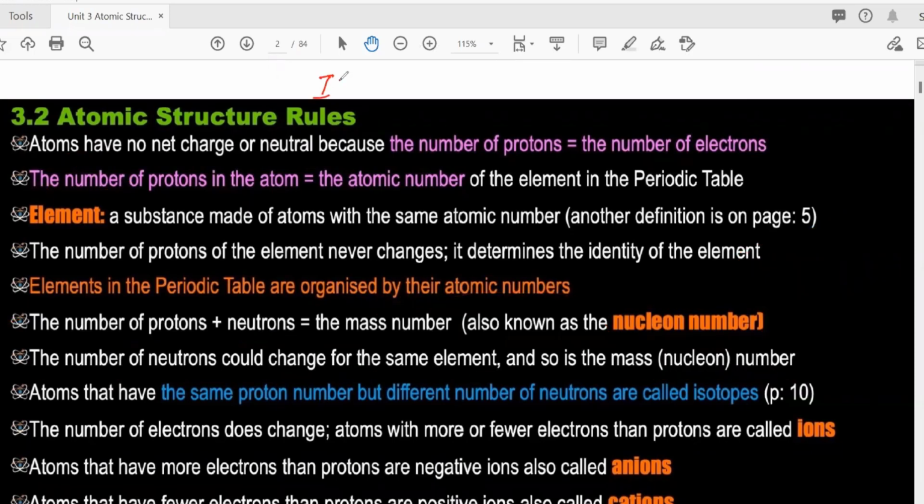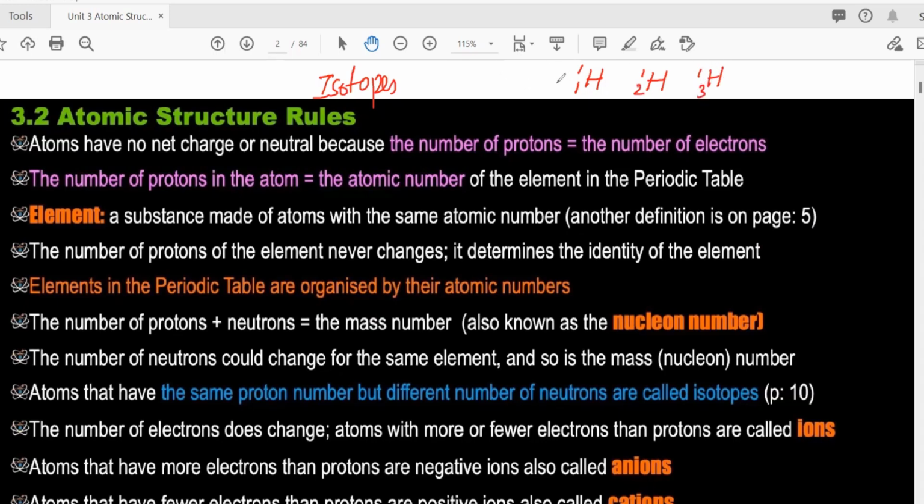Maybe you heard the word isotopes. For example, we have hydrogen. Hydrogen has one proton, no neutron. But there's another hydrogen atom which has one proton and one neutron, and another which has one proton and two neutrons.